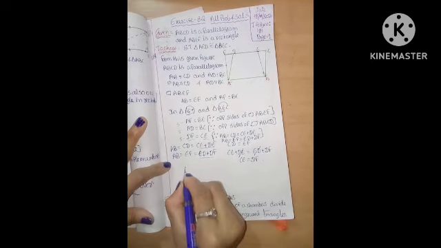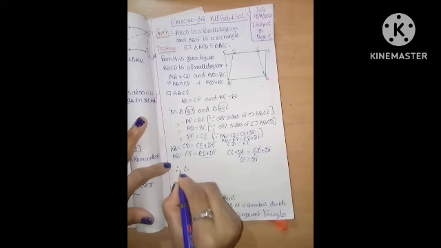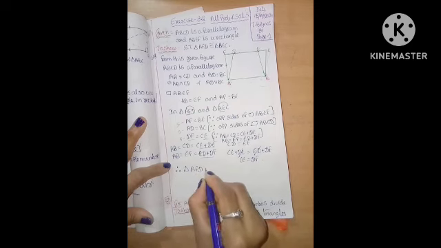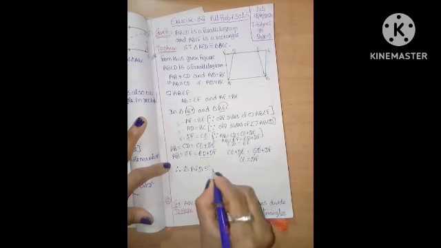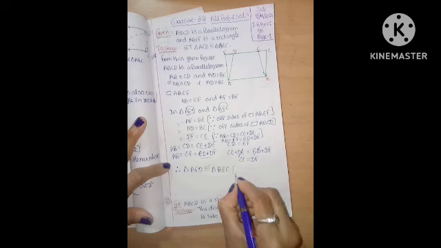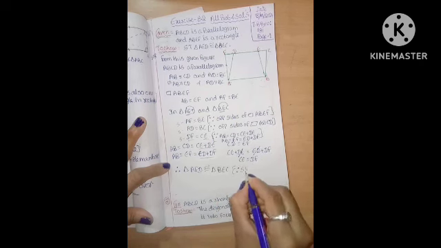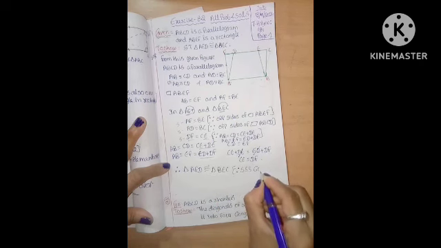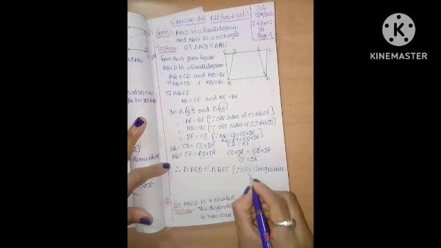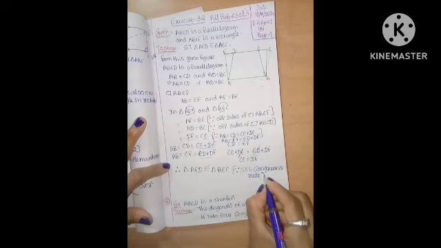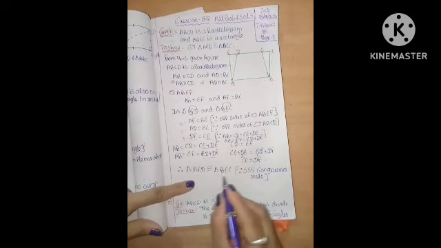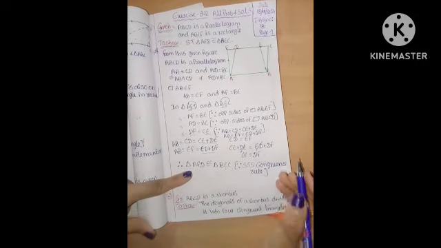Therefore, triangle AFD is congruent to triangle BEC. Since the SSS congruence rule is used here, according to this rule these two triangles are congruent.